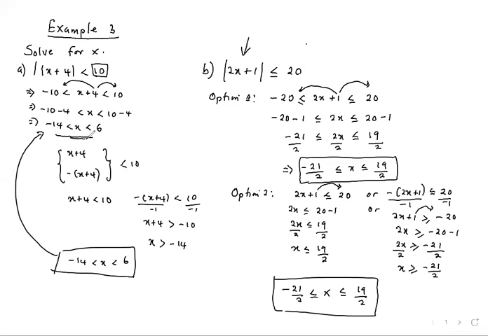Sir, is it the same as you separate them? Like I solve x plus 4 less than 10, and then again I solve x plus 4 less than -10. That's what you mean? No. You don't pick only positive.